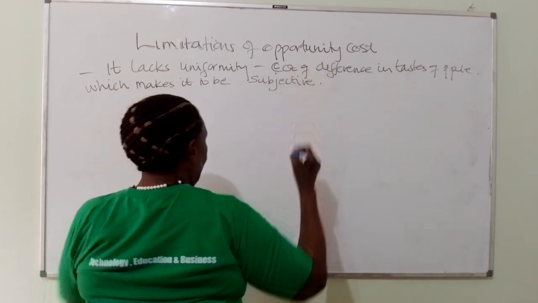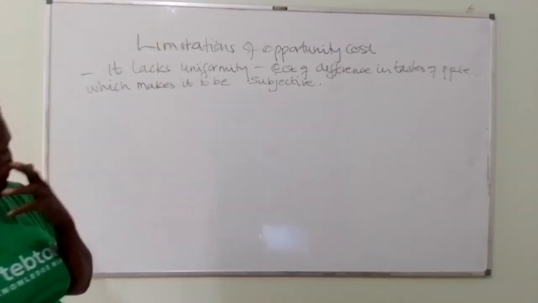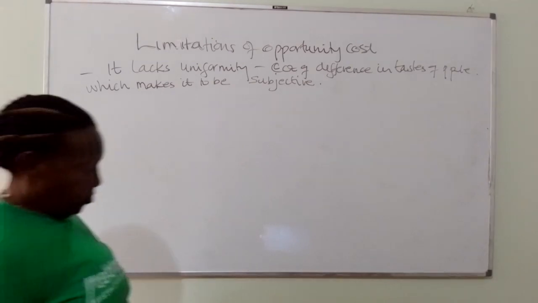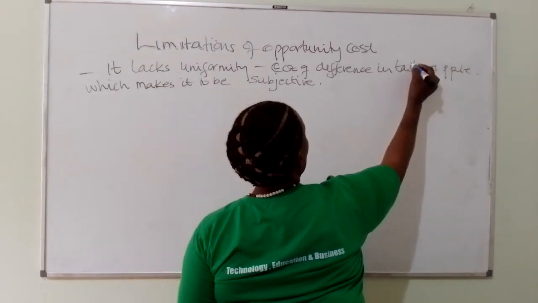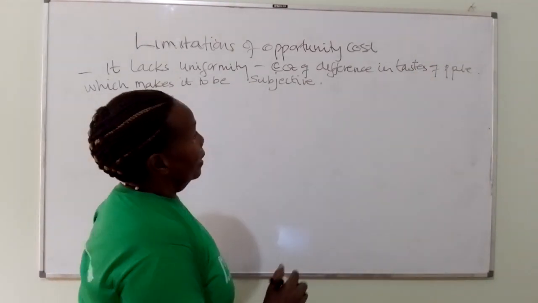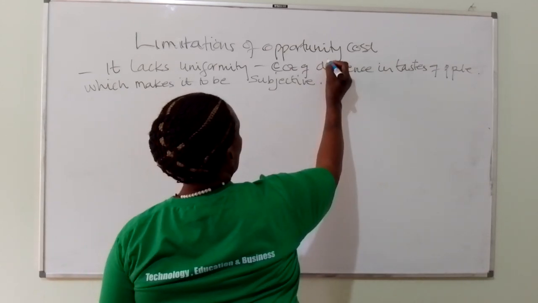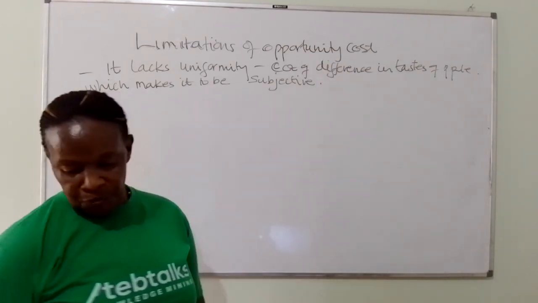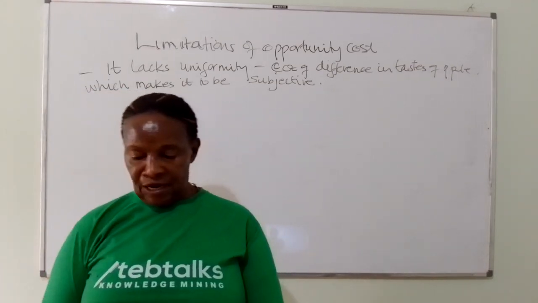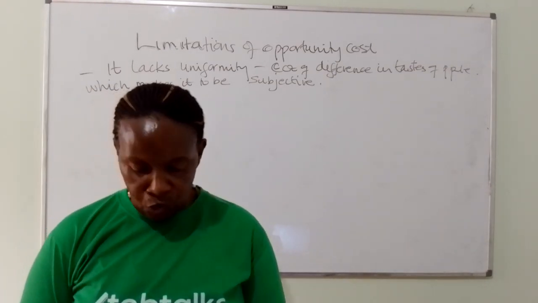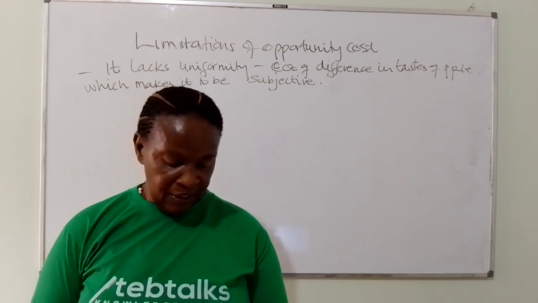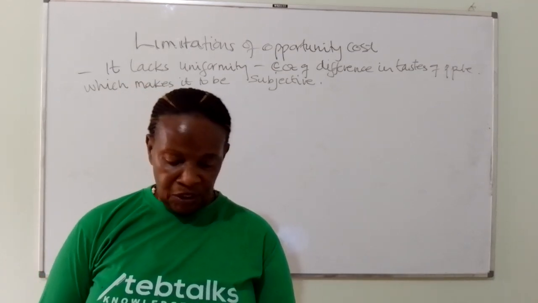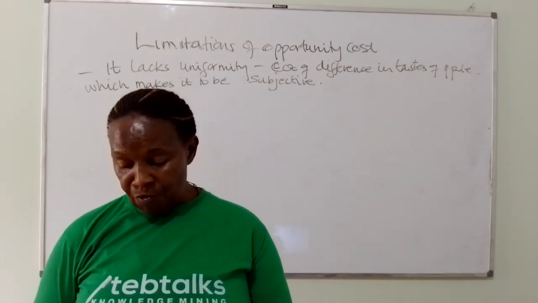What you consider as least or as priority may not be priority or least wanted by another person. And whatever becomes an opportunity cost to you may be my choice and not my opportunity cost. So it lacks that kind of uniformity. We cannot conclude generally that all of us have the same opportunity cost for the same commodity.